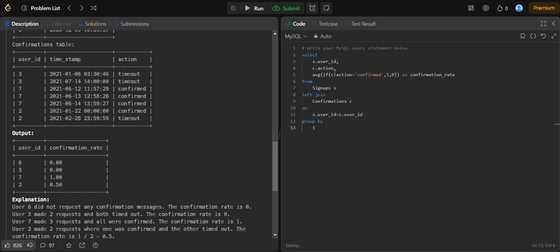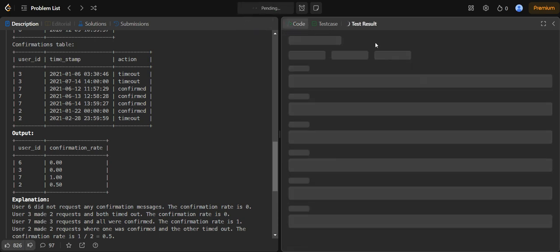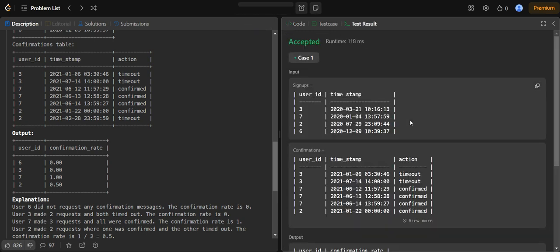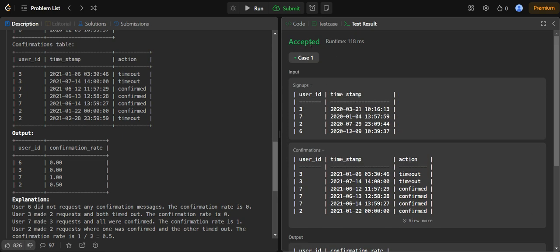Action, I don't need the action part now, only user ID. I'm grouping by user ID. So run this. See, user ID 3 is 0, 7 is 1, 2 is 0.5, 6 is 0, and it got accepted also.